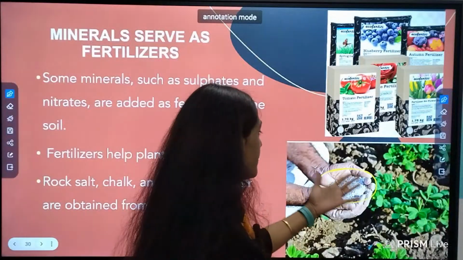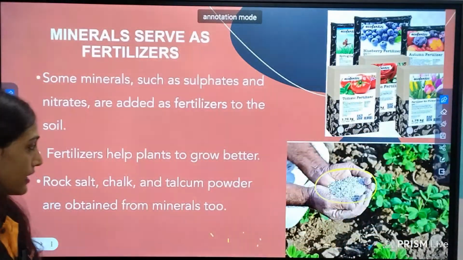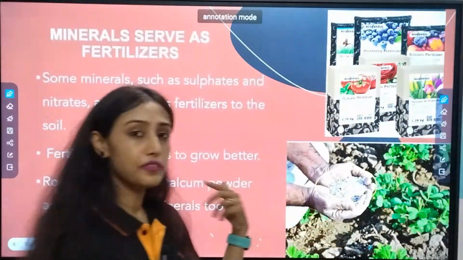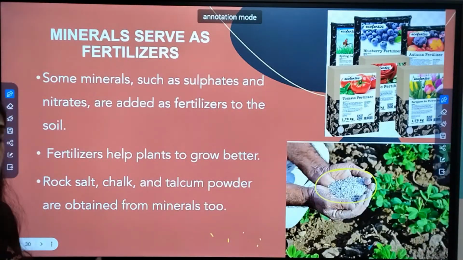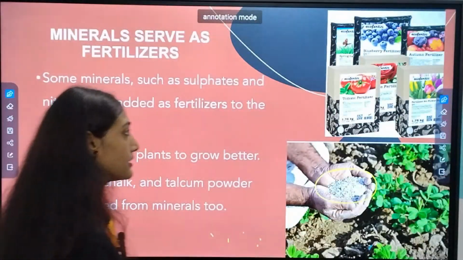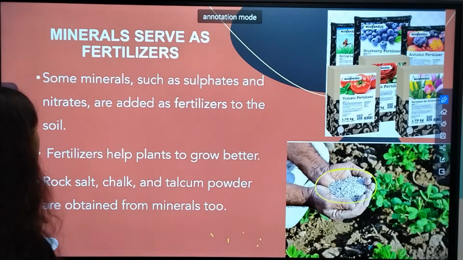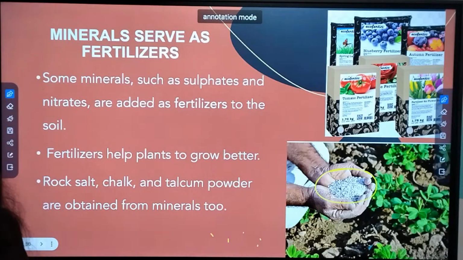So fertilizers add these minerals to the soil, and from the soil the plants absorb them, and when we eat those or any other animal feeds on those, we get that mineral. Some minerals such as sulfates and nitrates are added to the soil as fertilizers. Fertilizers help plants to grow better.